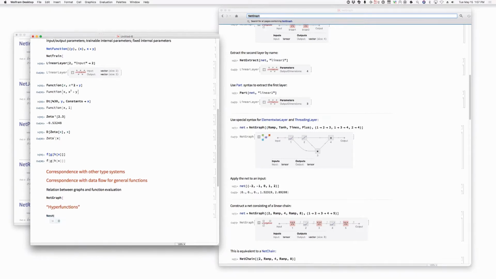It's just like in functional programming, where we might say, okay, we've got nest. Net train is a version of what one does given a network.